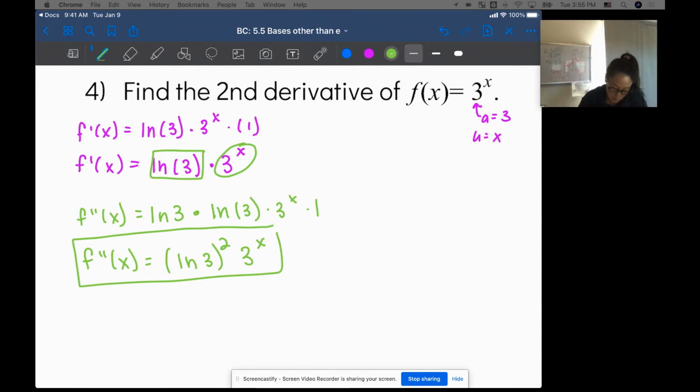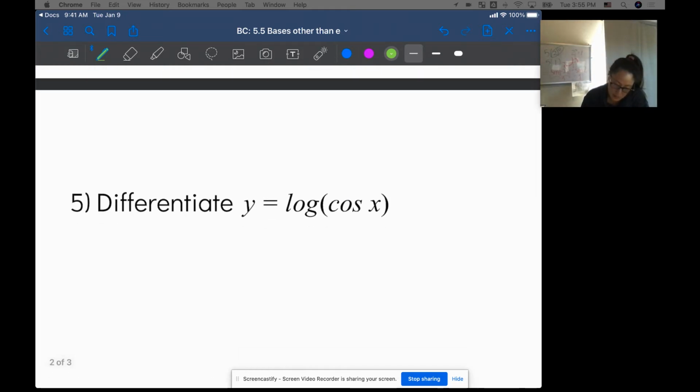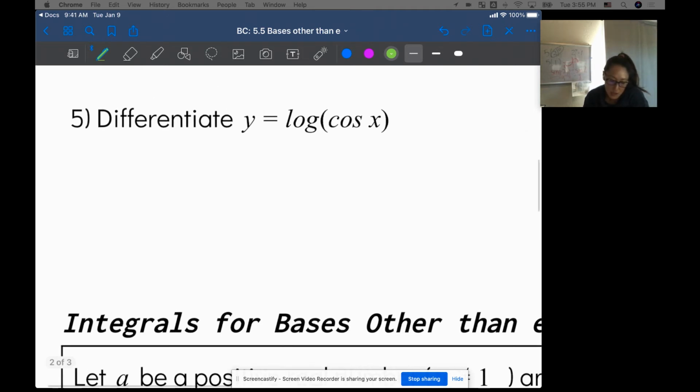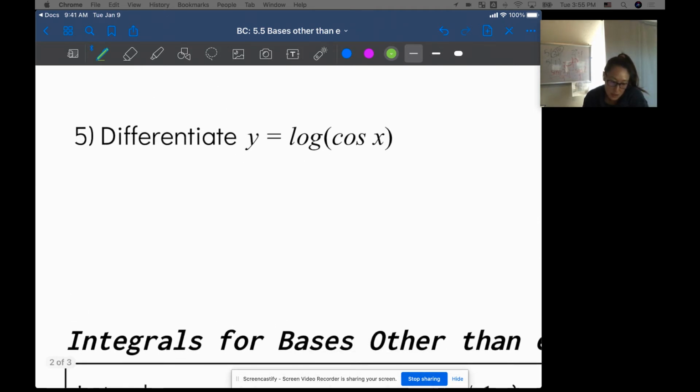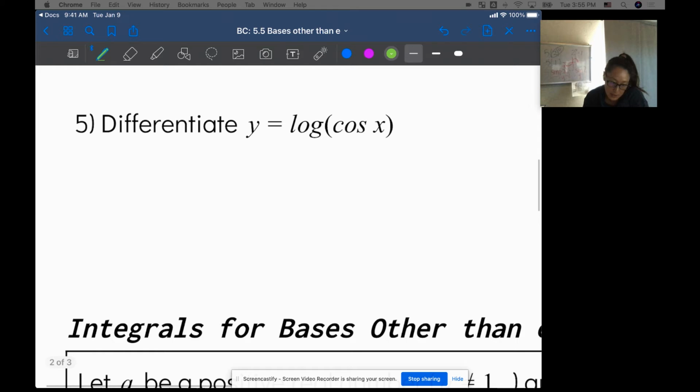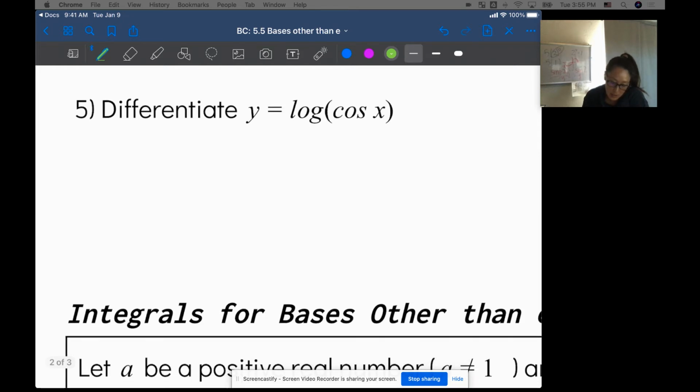All right, number 5. Differentiate log of cosine x. I'm pretty sure I can take the derivative of log base 10 of u. Remember, there's an invisible 10 here. So my a value is equal to my base, and my u is equal to cosine of x.